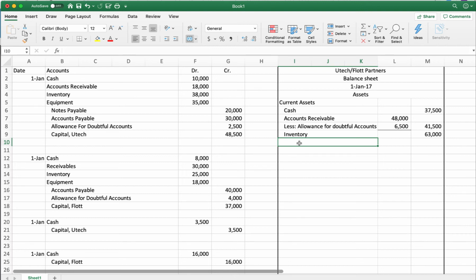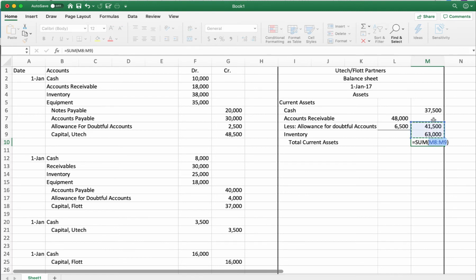Now what I need to do is total up my current assets. Once we list all the current assets, go under the last current asset that we have, in this case inventory, and indent twice. 1, 2. Type in total current assets. All I need to do is sum up my current assets.